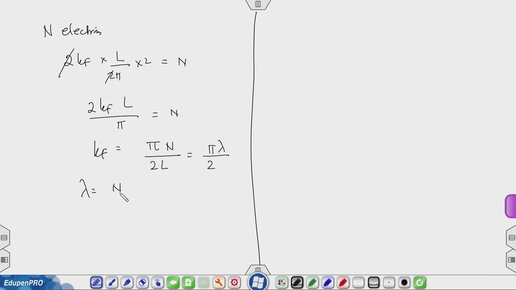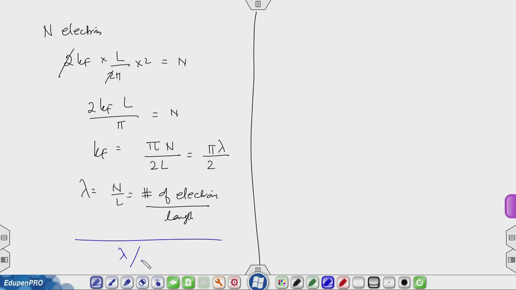Lambda equals n over L equals number of electrons per unit length. So, if I have a system where I have lambda per unit length electrons, in the k space I have levels from minus k f up to k f filled. All these states are going to be filled.